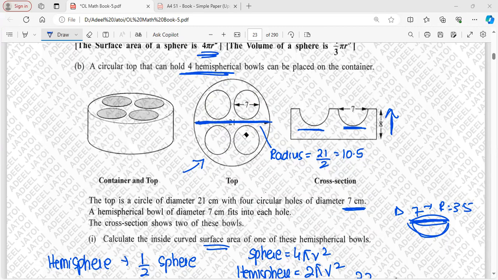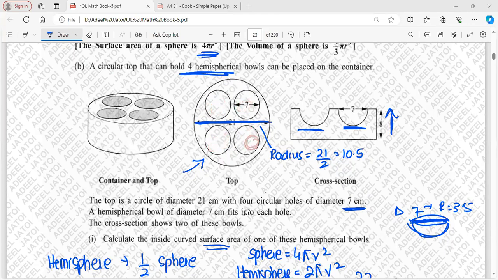So we can add up the entire circle, because obviously it covers up. But remember, we need to have the inside hemisphere as well. So inside hemisphere will be one hemisphere area multiplied by 4. But what you need to understand is these are 4 open hemispheres, right?